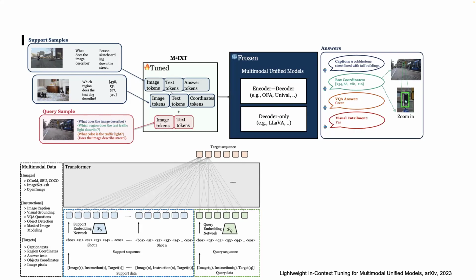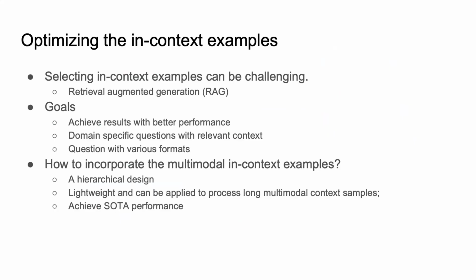In your examples, you have question and answer, and also coordinates as the answer, right? So we have both text and coordinates. Do you try to cover all the types of tokens? Right. Yeah. I think for the support set, we will try to include as many tasks as possible. Okay, thanks. I hope that I answered your question.